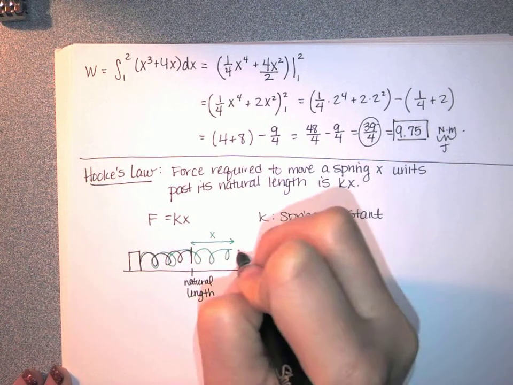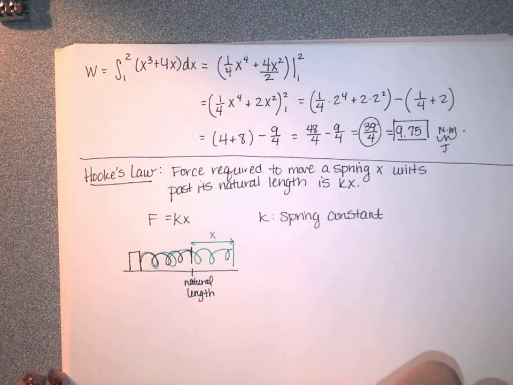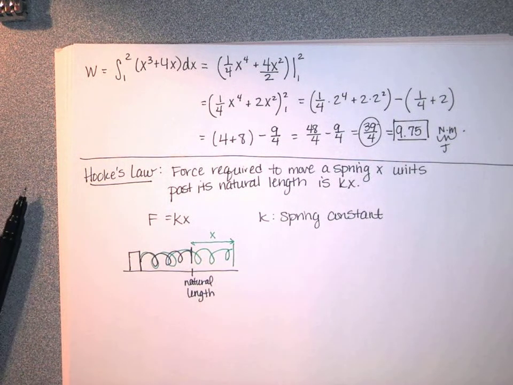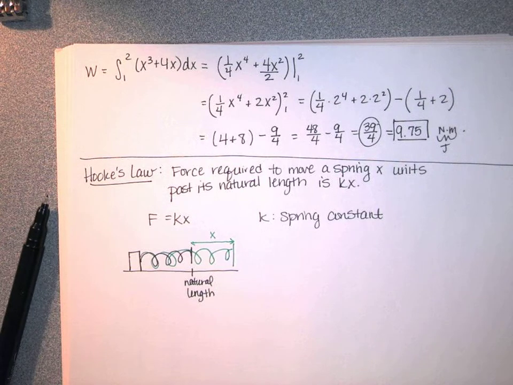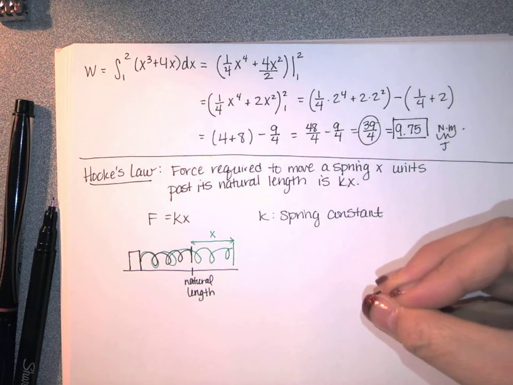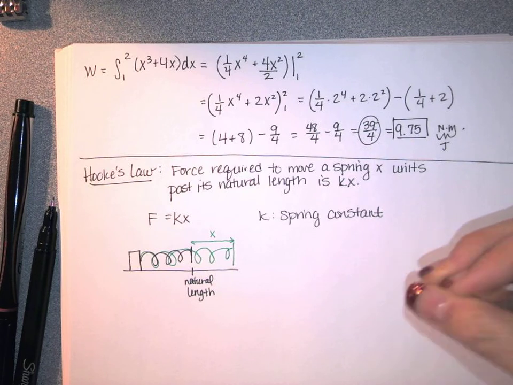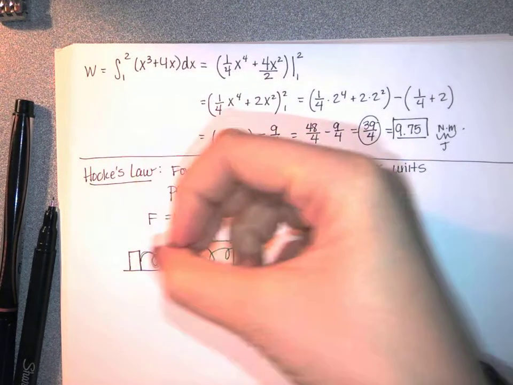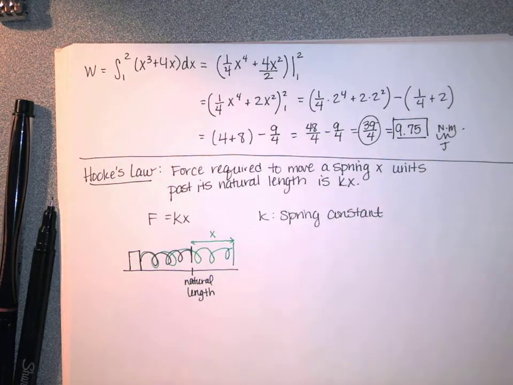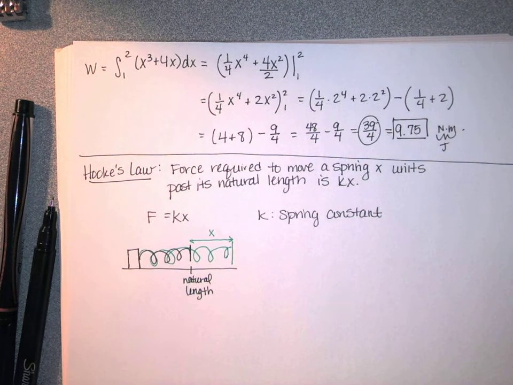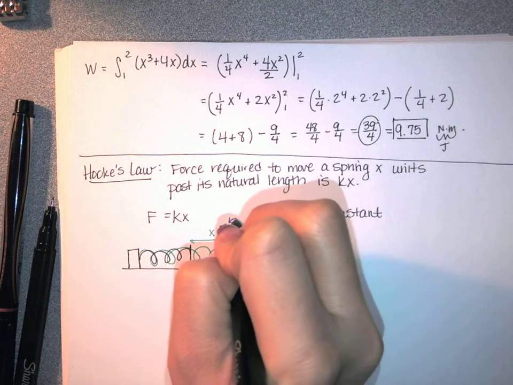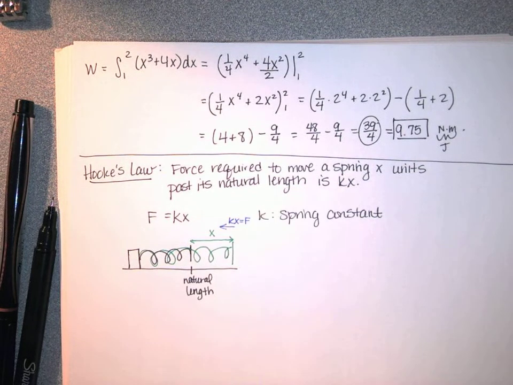So I'm stretching it x units past its natural length. As long as I don't go too far, so I don't break my spring, there's going to be a restorative force. If I pull it this way, which way is the spring going to bounce back to? I hope you said it's going to go that way. If I pull this way and I let go, it's going to go back that way. So the force acting on it is going to go this way, and it's going to be equal to k times x.